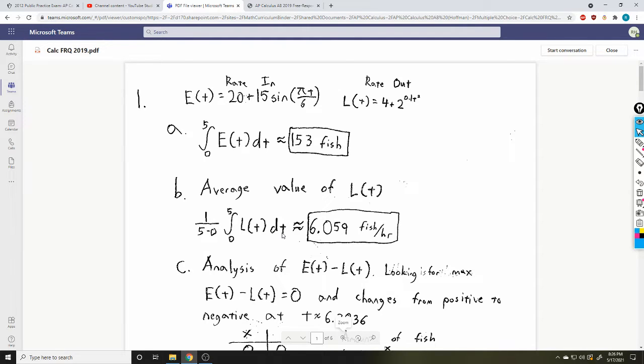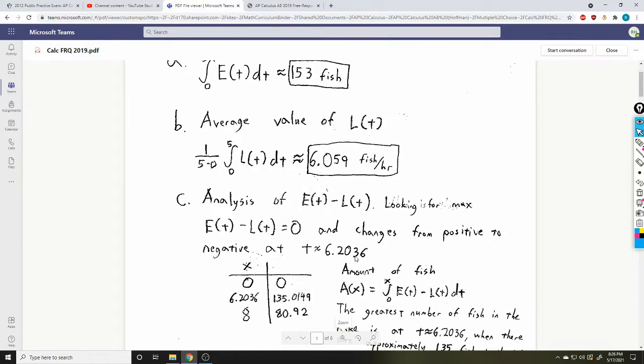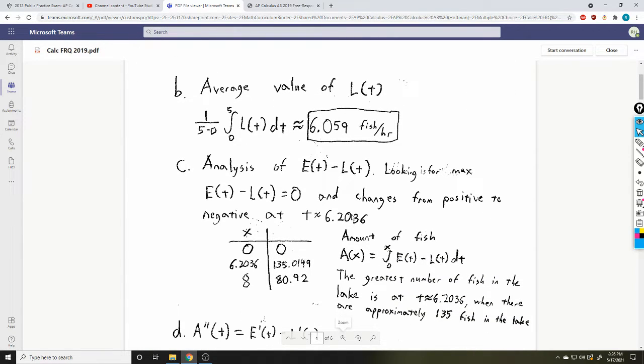We are going to look at the analysis of going down to part C. I want a maximum, which means I want to know when the rates change from being positive to negative, and that happens here in my graph. So the amount of fish would be the integral from 0 to x of the rates. If I have the rates, I want to get back to amounts, I use integral.